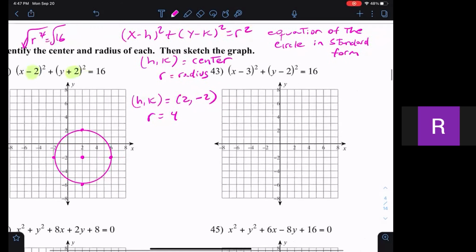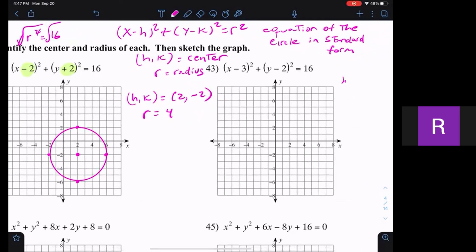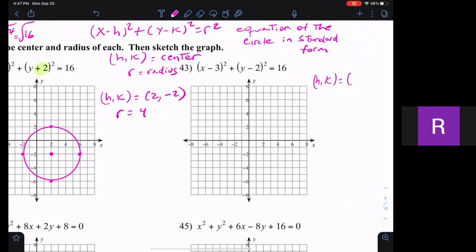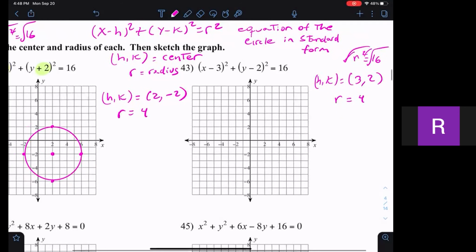This one too, same thing. H, k, just write in terms of the opposite, right? X goes with h, so that's going to be 3. K goes with y, so that's going to be 2. The radius is 4, right? Because r squared equals 16. Take the square root of that, so that's r equals 4, right? So 3, -3, 2, so that's here. 4 units up, so 2, 6.